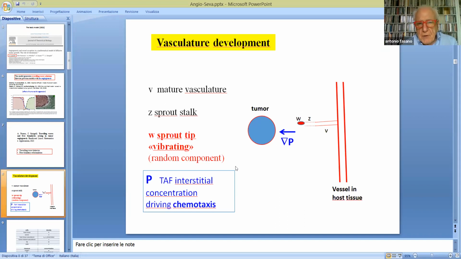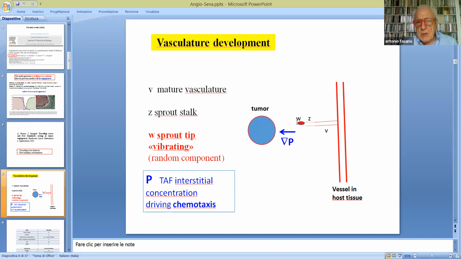Now I have to explain how the new vessels grow. Here is a pre-existing vessel in the host tissue, typically a capillary. And when the TAF, the tumor angiogenesis factor, whose concentration we denote by capital P, reaches the blood vessel wall, then the endothelial cells of the wall reproduce, and gradually they grow towards the tumor.